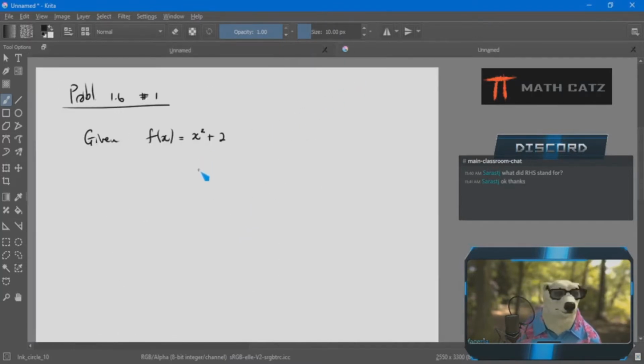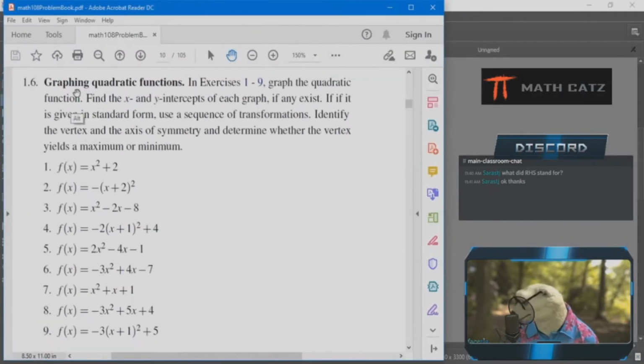Right-hand side. Okay, so let's read the question. 6.1, number 1. Graph the quadratic function. Find the x and y intercepts of each graph, if any exist. It's given in what we'll talk about as the forms in a second, and I have a transformation from my basic function, which is how I figure it out.